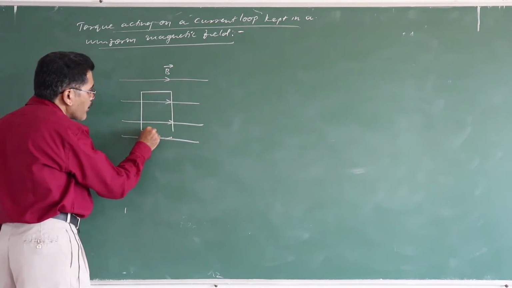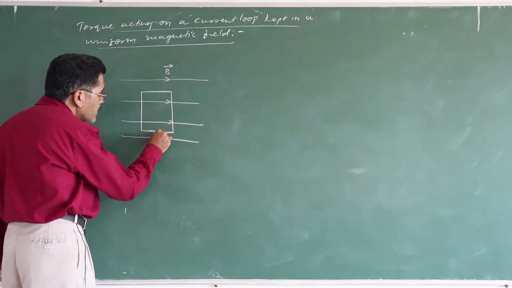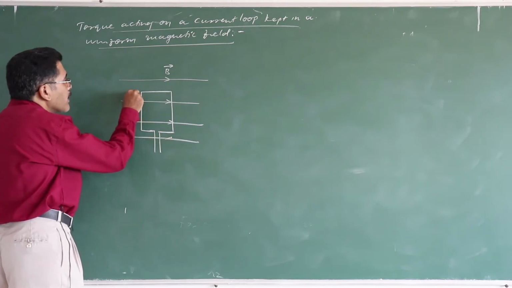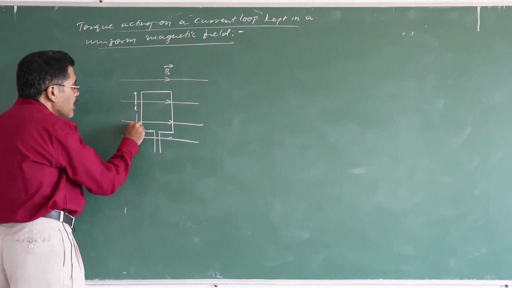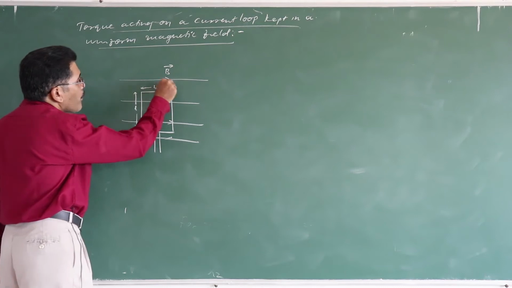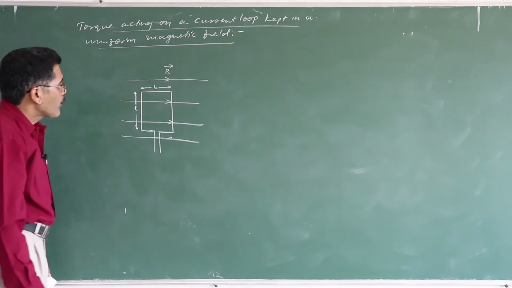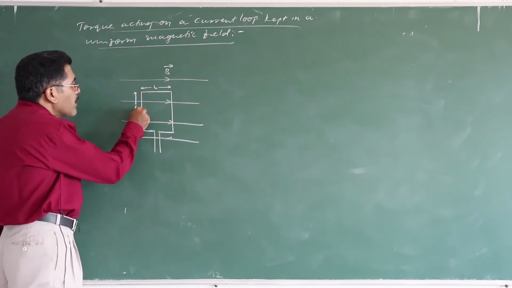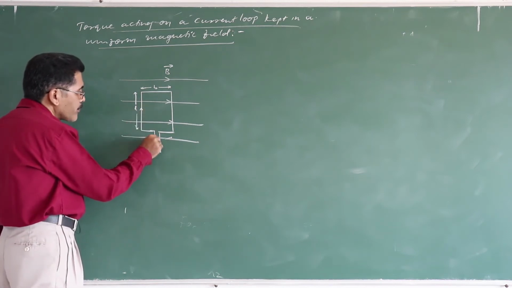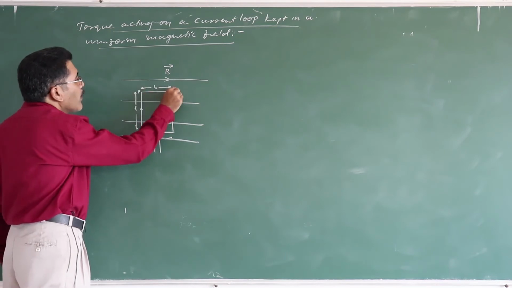Let this loop be of length L and breadth B. Let L be the length of the loop and B be the breadth of the loop. Now let I be the current flowing through this loop PQRS.